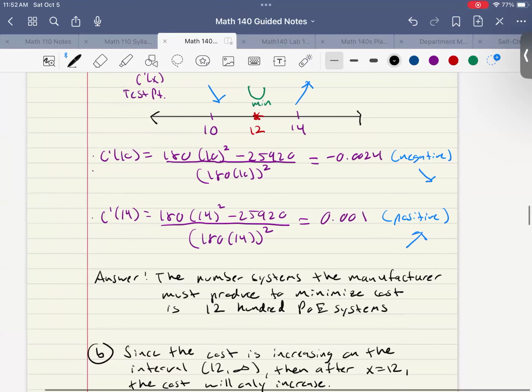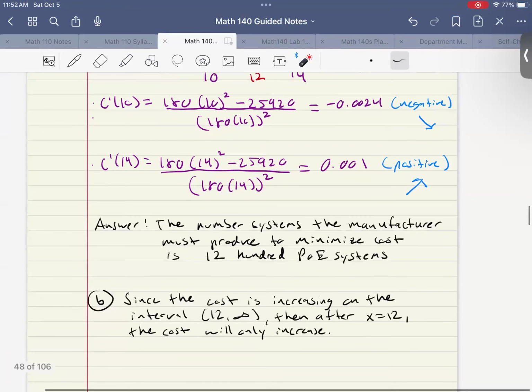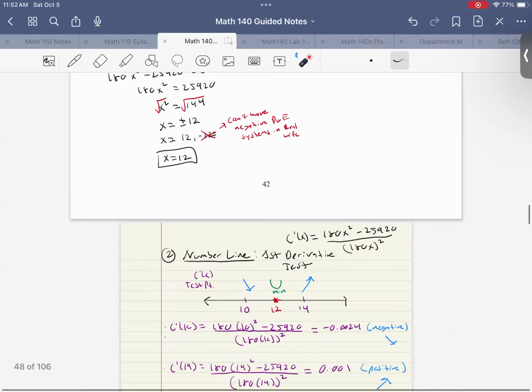Right? It's just increasing after 12. So the cost is increasing. That's our mathematical argument.